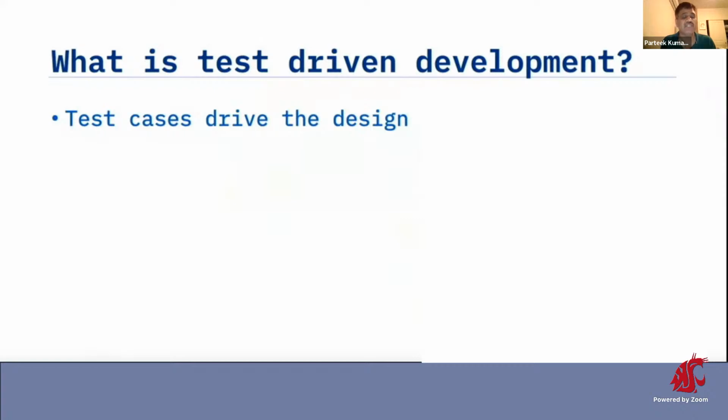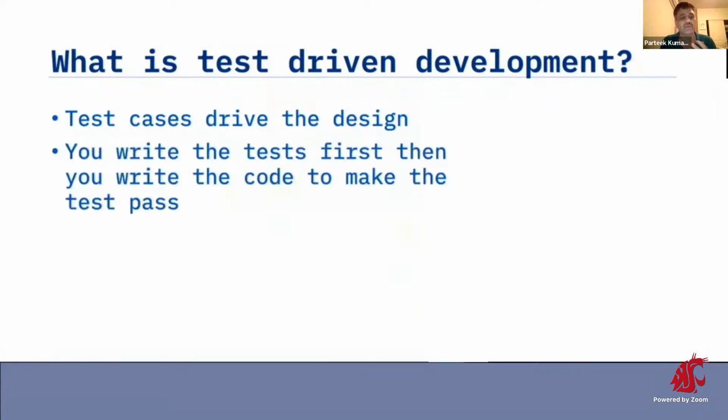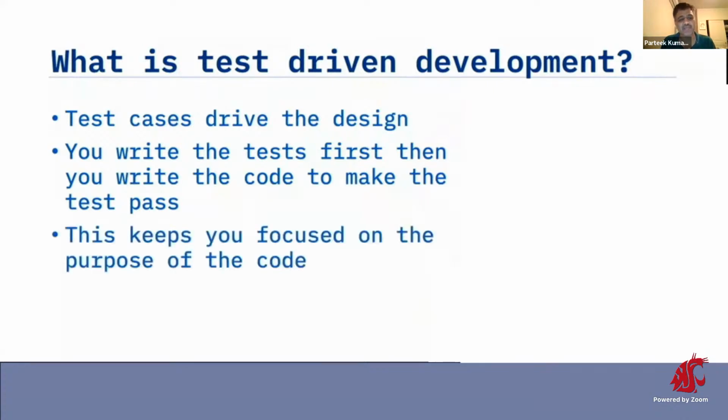So we write the test case first, and then after writing the test case, we write the code. So it means that in test-driven development approach, test cases drive the whole design process. You write the test case first, and then you write the code to make those test cases pass. The advantage of this approach is that you keep focused on the purpose of the code, because ultimately the purpose of the code is to perform some action.